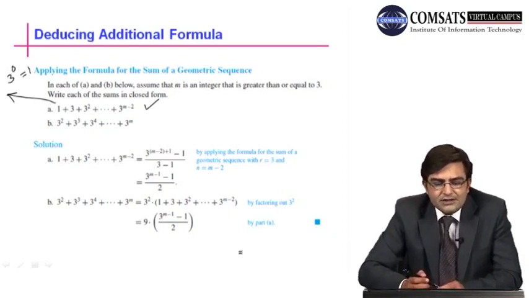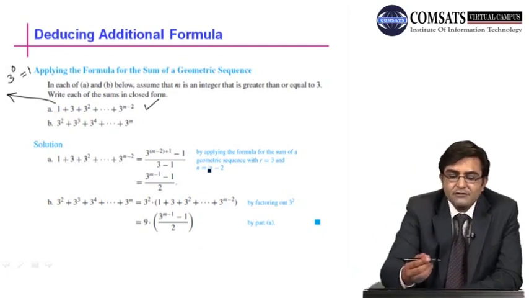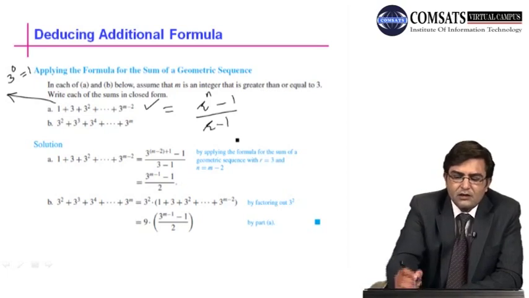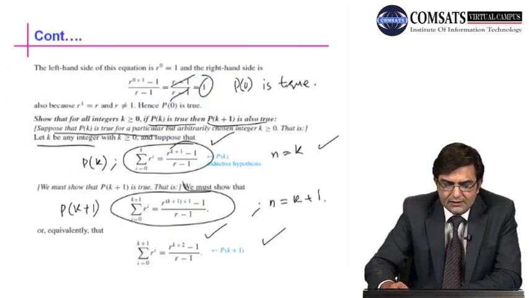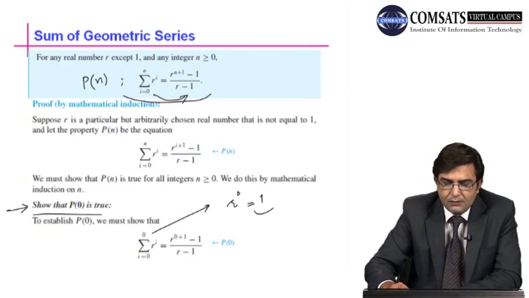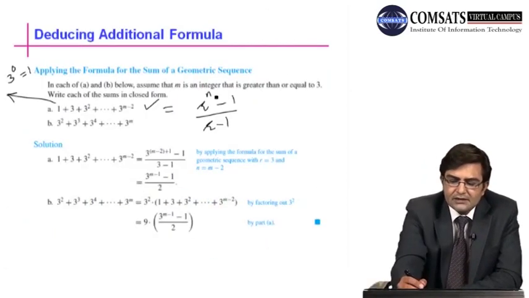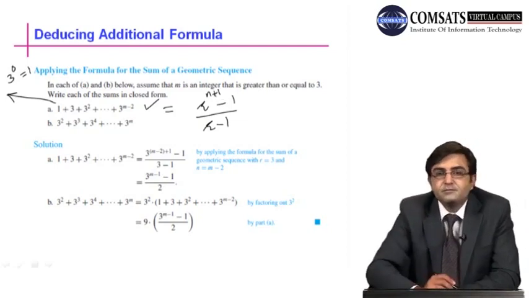So 3 power 0 plus 3 power 1 plus 3 power 2 plus so on plus 3 power m minus 2. So we have the formula, this must be equal to r power n plus 1 minus 1 divided by r minus 1, as given here. This is r power n plus 1.